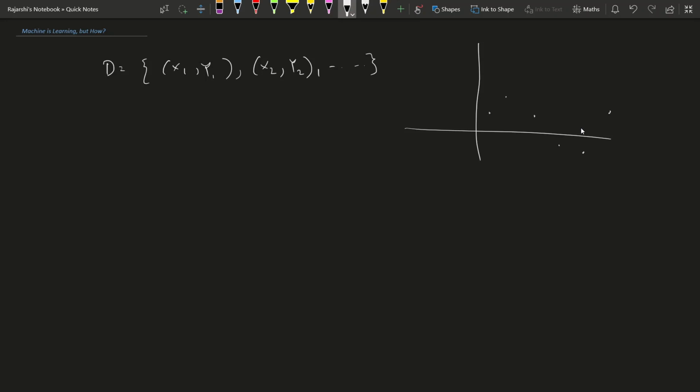So you have the data and you know that there exists a pattern in the data, and you cannot pin it down mathematically. But you believe that there is some function f of x that explains the behavior of the data points, or the relationship between the x's and y's.